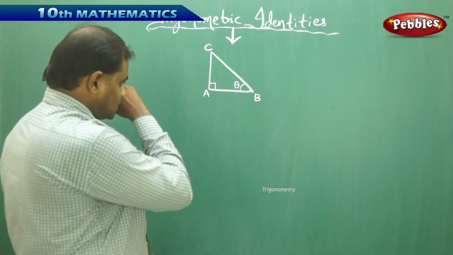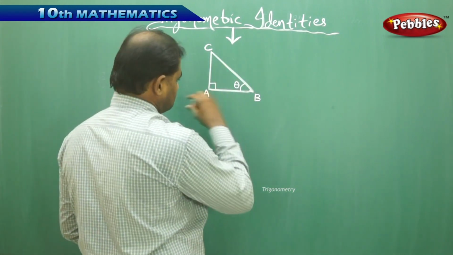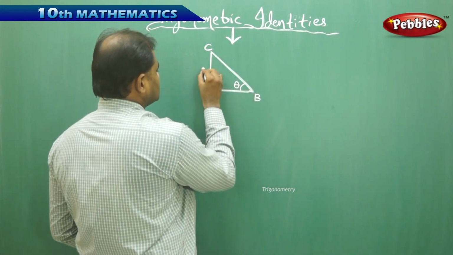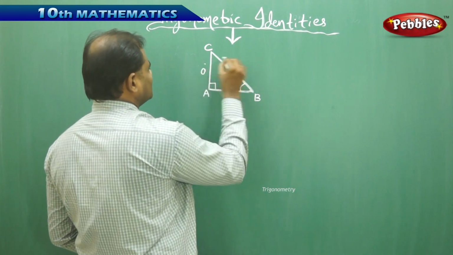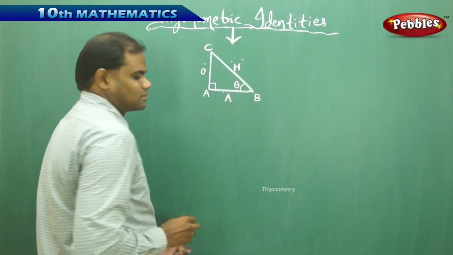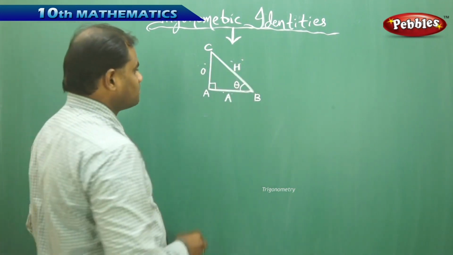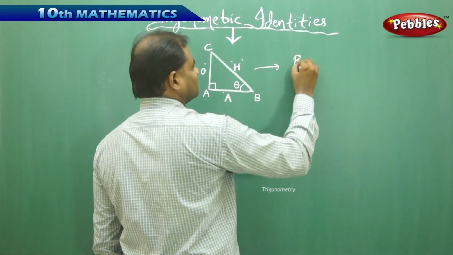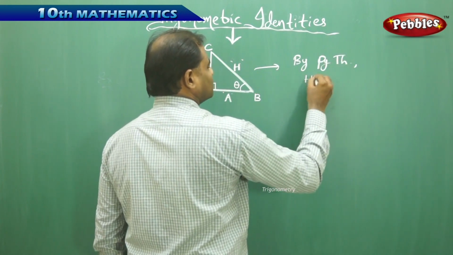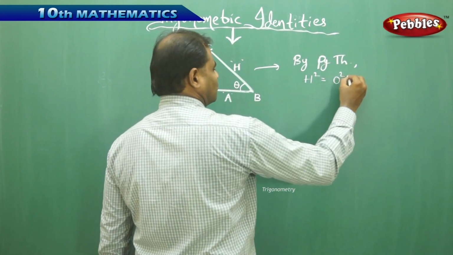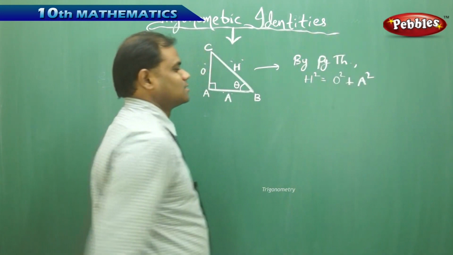In this, I have my opposite side is this, my adjacent side is this, and my hypotenuse is this. Therefore, by the Pythagoras theorem, hypotenuse square is opposite square plus adjacent square.